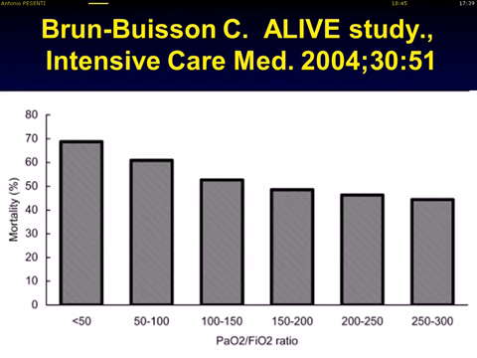And this was validated in a few thousand patients. But this was known since before the Berlin definition. In this study, as an example, Brambison showed that mortality is related indeed to PO2/FiO2 ratio.